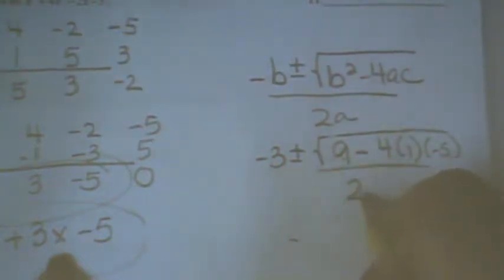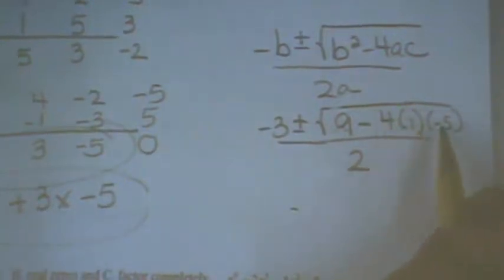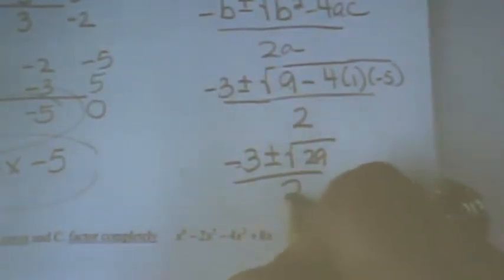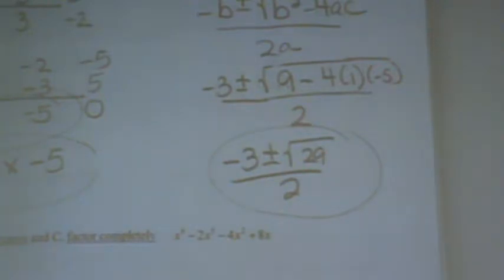Minus 4 times 1 times -5 all over 2 times 1. This is going to give you positive 20, so it's -3 plus or minus root 29 over 2. What kind of zeros are these? They're irrational, but they are real. So you have -3 plus or minus root 29 over 2. Questions?